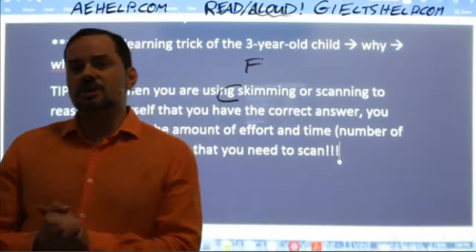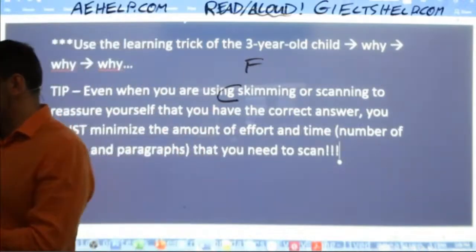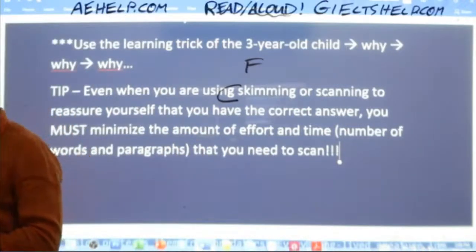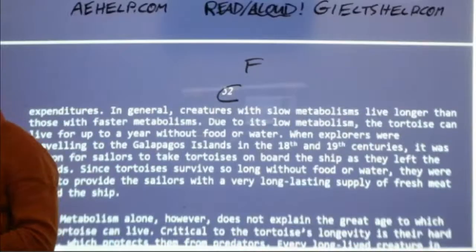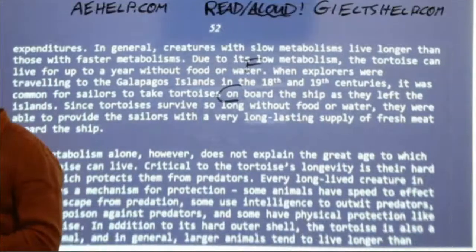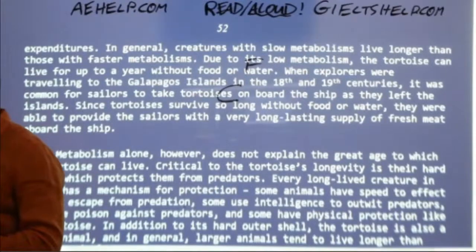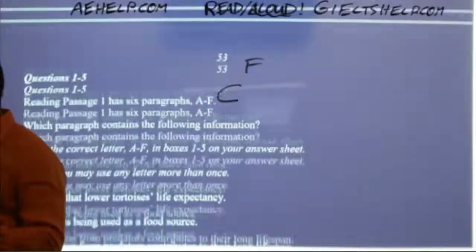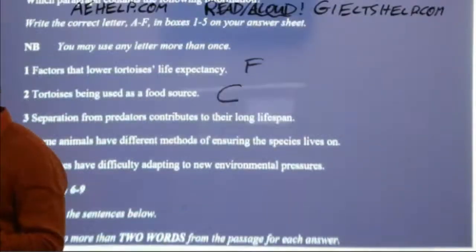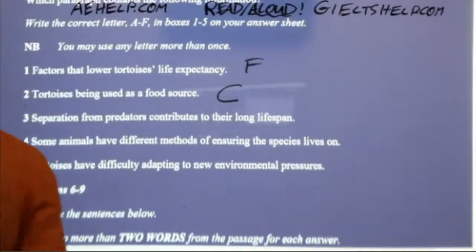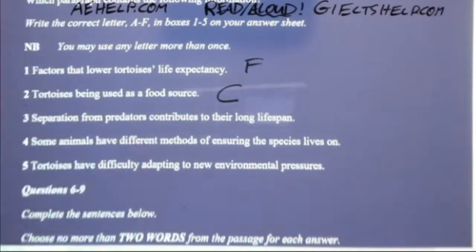Thanks, Pavan, Abhishek. I'm glad everybody's on board. Okay, so even when you're using these skimming, scanning strategies, minimize the amount of time that you're doing that. Okay, let's solve the rest of these questions now together. Nice and smooth. Fantastic. All right, here we go. So, number 3.